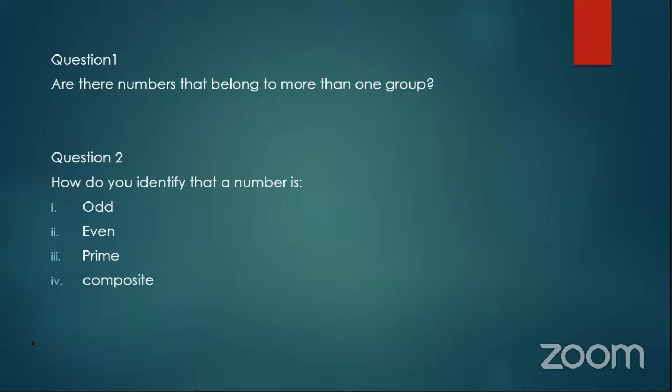Then how do we identify composite numbers? Composite numbers are numbers that have more than two factors.